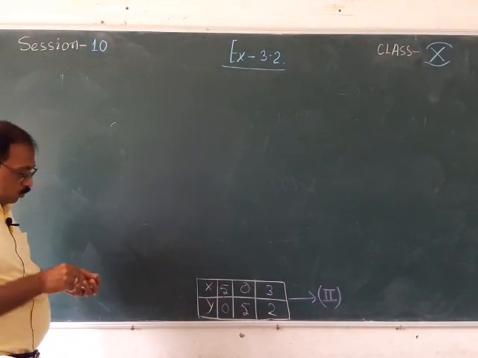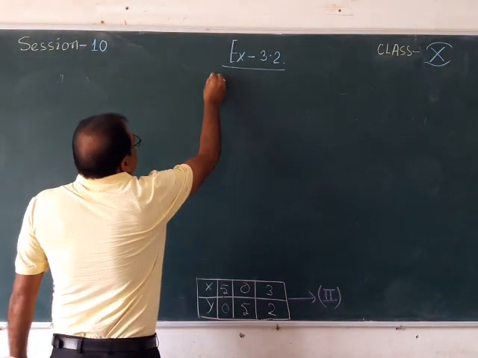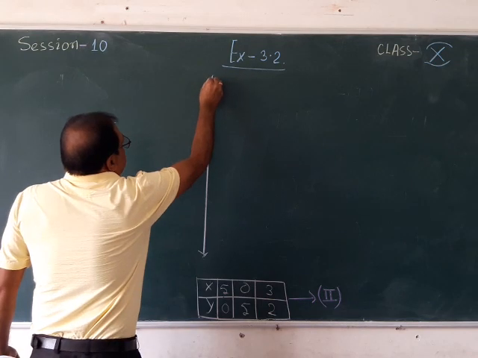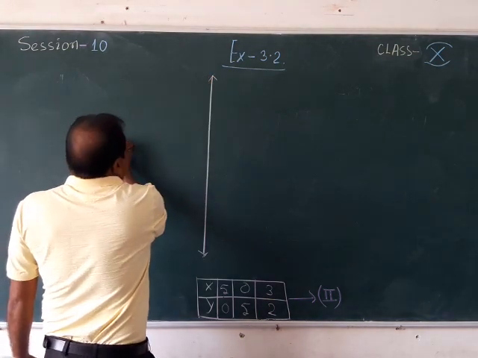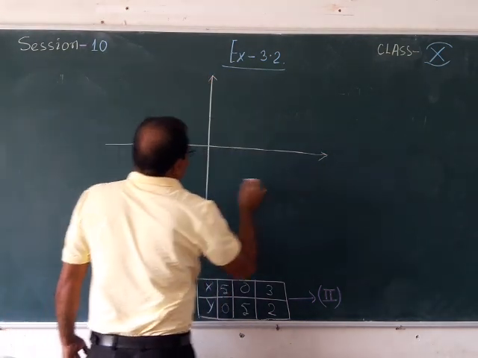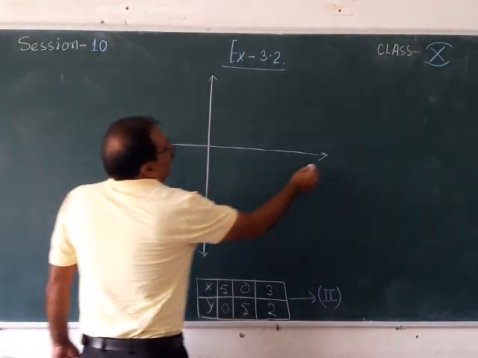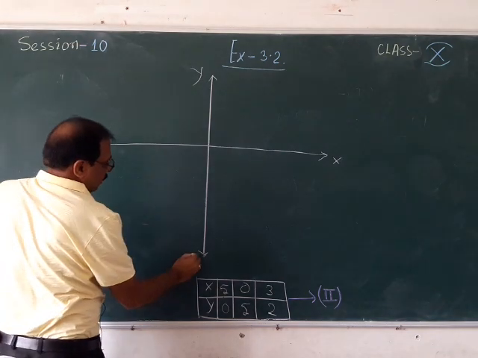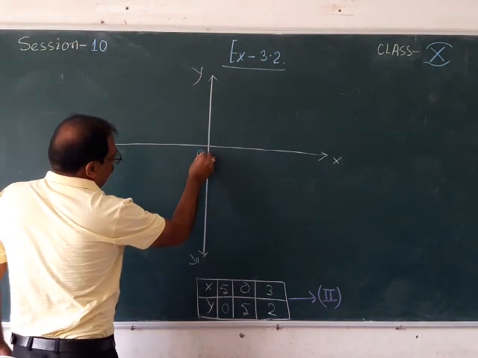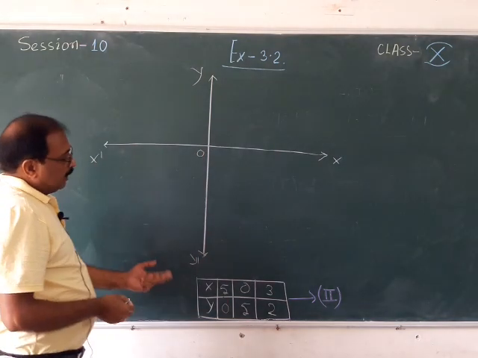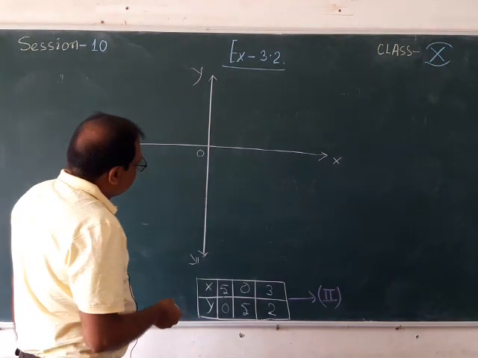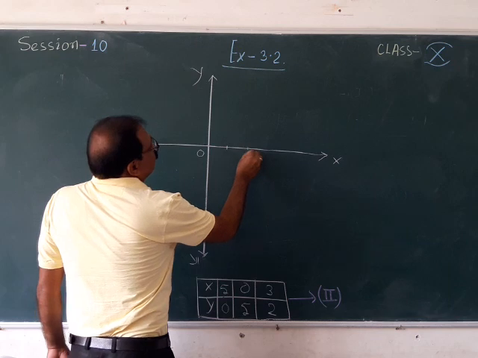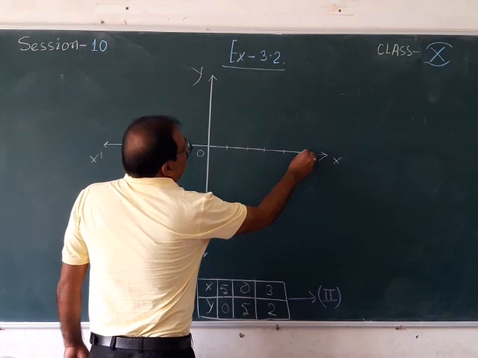So what I am going to do is draw the graph. This is my axis. Here you can see this is your x axis, this is x dash, here it is y, and here it is y dash. Now I have to check the maximum value, that is 5, and the minimum value, that is 0. So this is 1, 2, 3, 4 and 5.